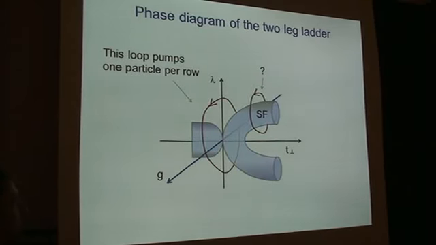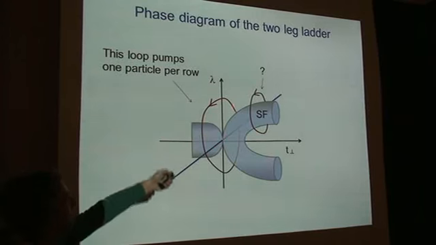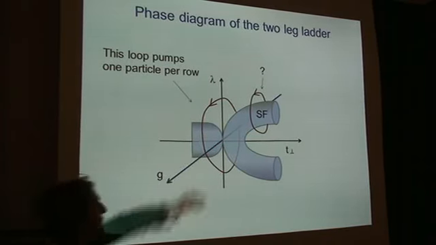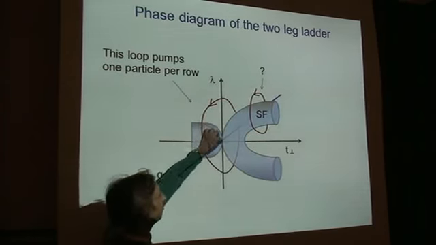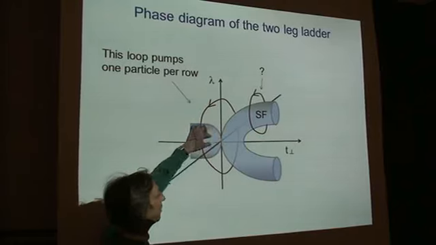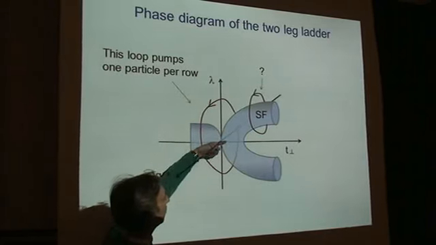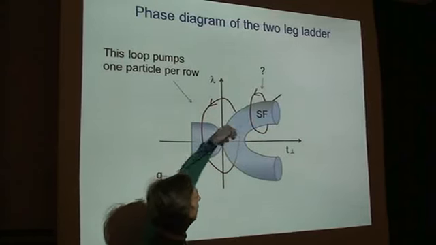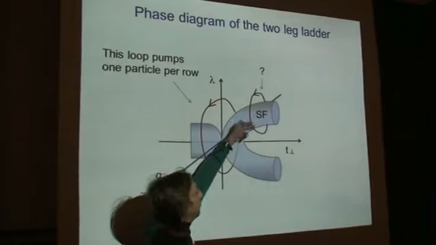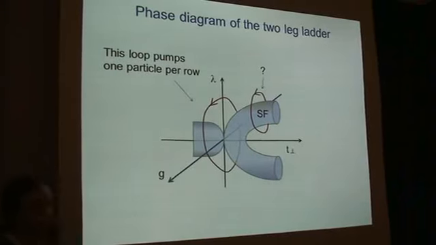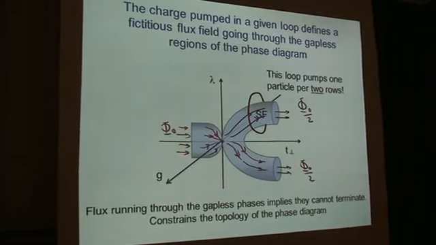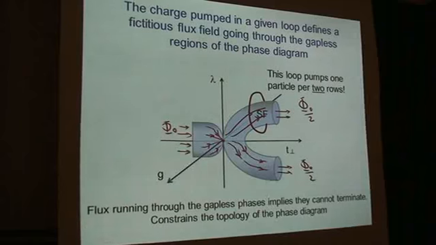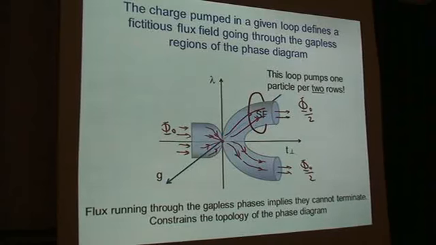And this flux is exactly 2 here for this loop, because you can say that 2 fictitious flux quanta come into this critical point, and then they have to split evenly between this branch, and when they split, each branch carries half of the flux that came in, and if these were 2 flux quanta, each one of these is 1.